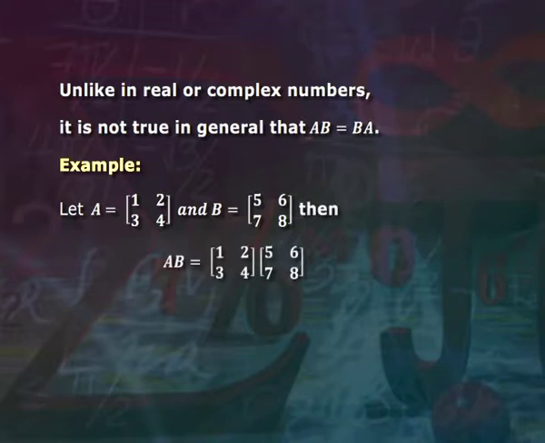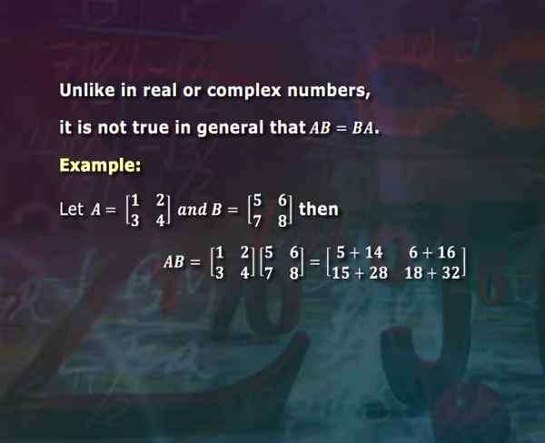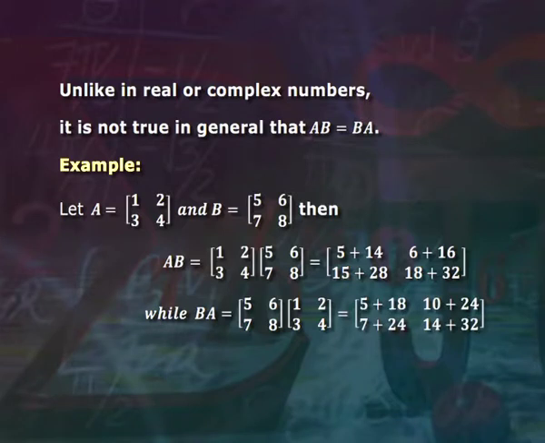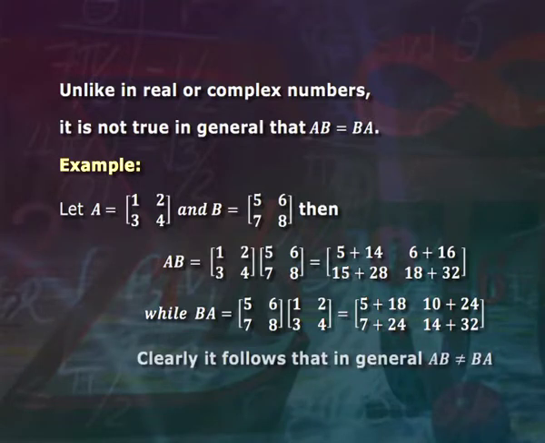Then AB will be equal to [1, 2; 3, 4] times [5, 6; 7, 8], which is equal to, while BA will be equal to [5, 6; 7, 8] times [1, 2; 3, 4], which is equal to, clearly, it follows that in general AB is not equal to BA.